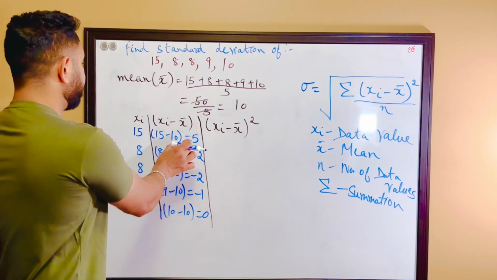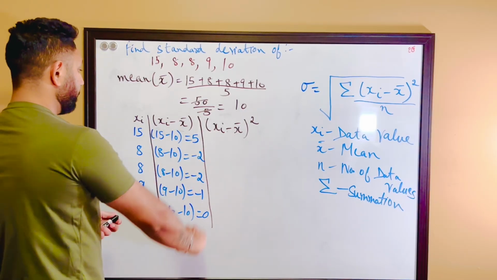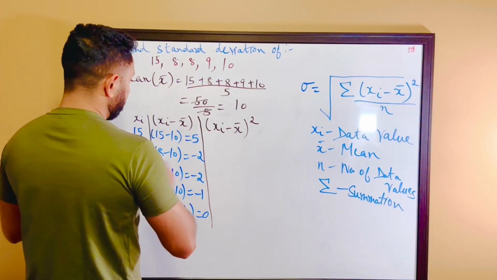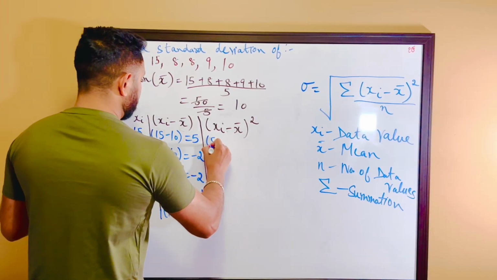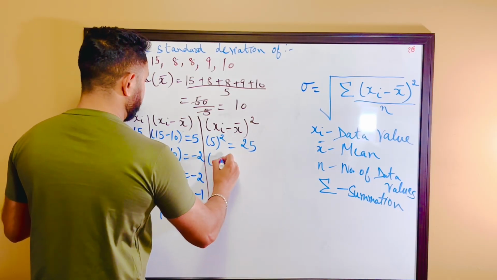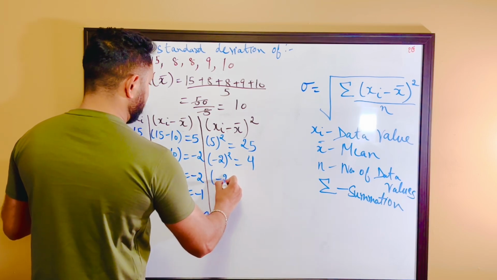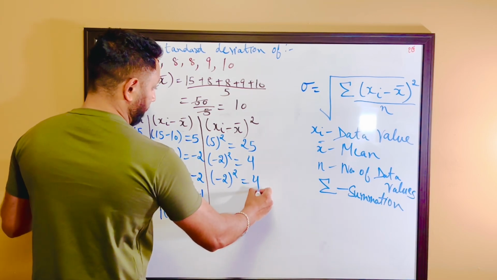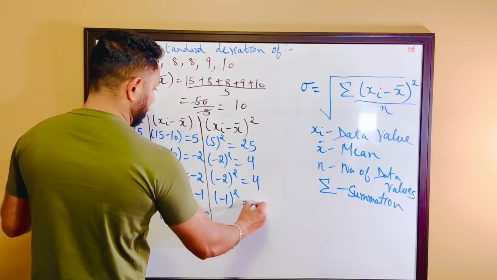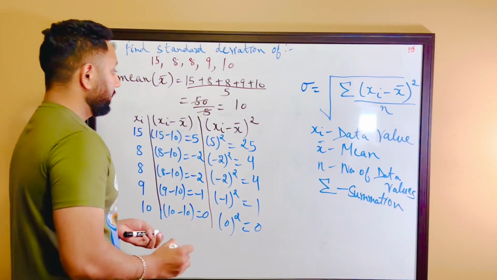So now we're going to take the square of these values. It's 25, 4, again 4, 1, and square of 0 is 0.